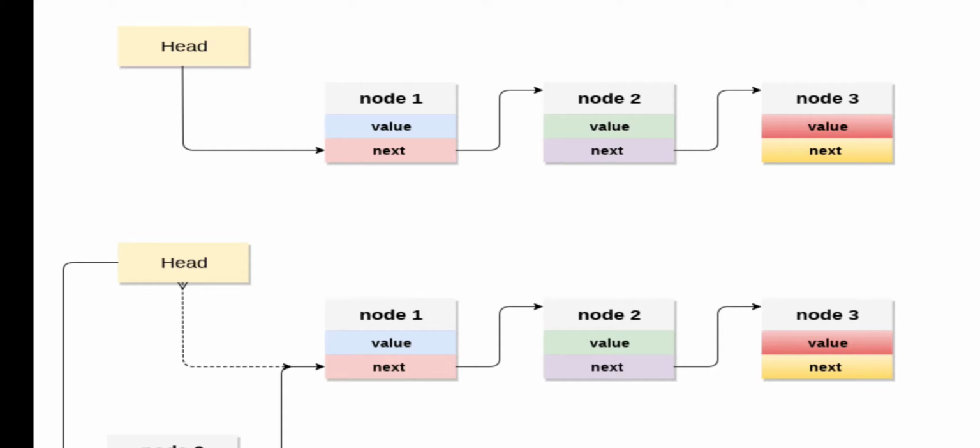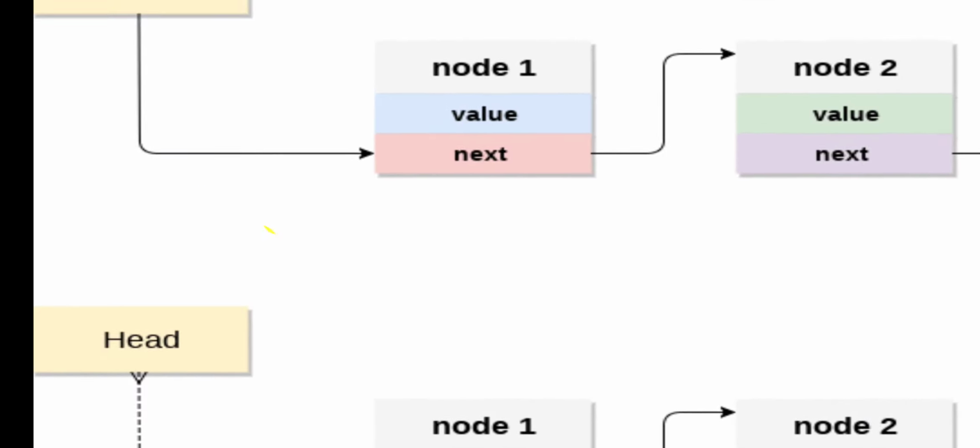Value part contains the value field, and the value field contains the value of the node, and the next address field contains the address of the next node. Once again, the address of the next node.